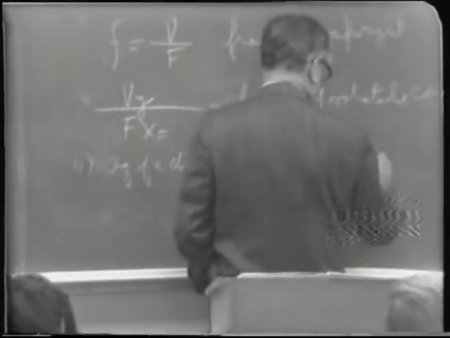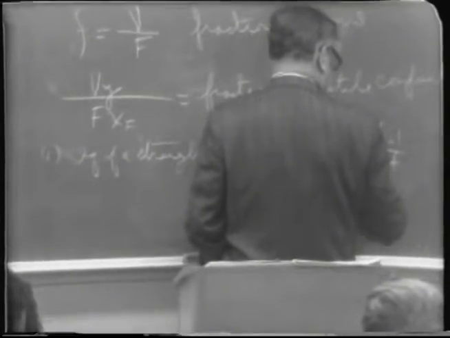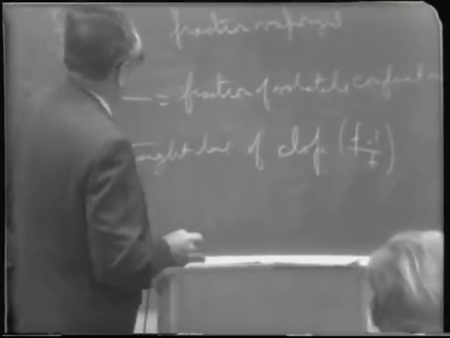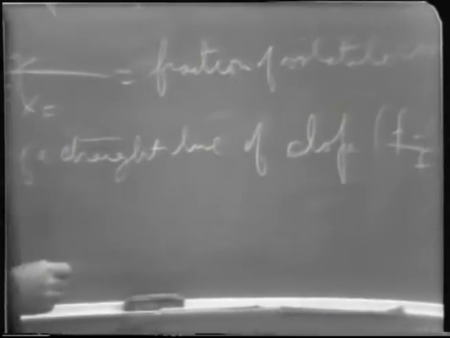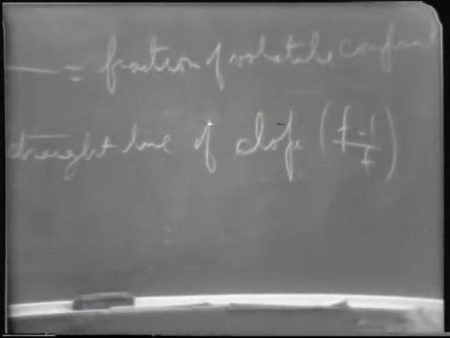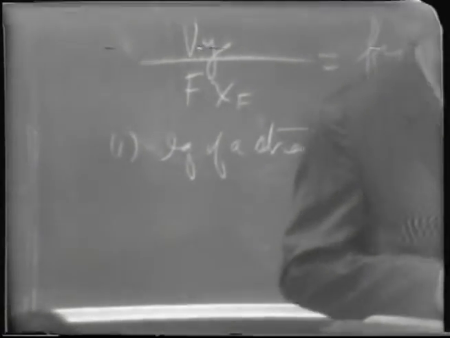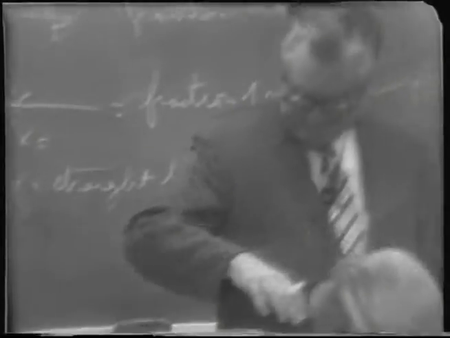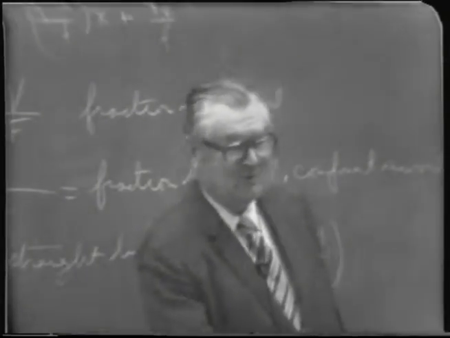of slope (f minus 1) over f. Now, in order to locate a straight line equation on a graph of some kind, what do you need to know?